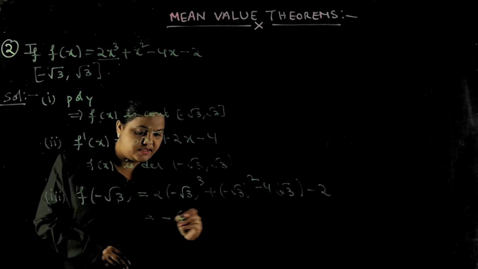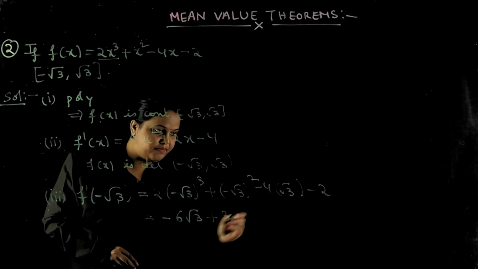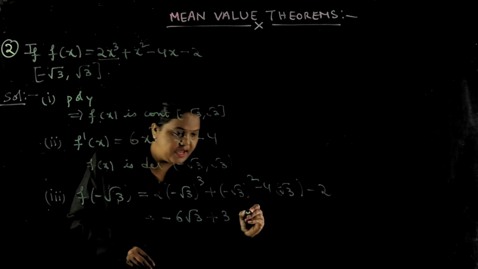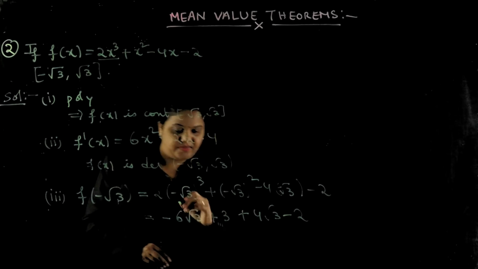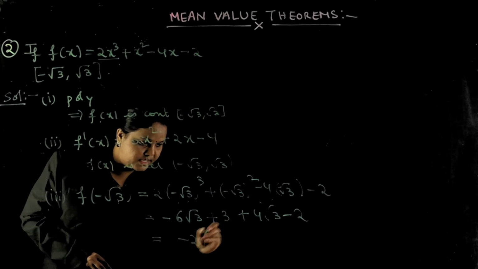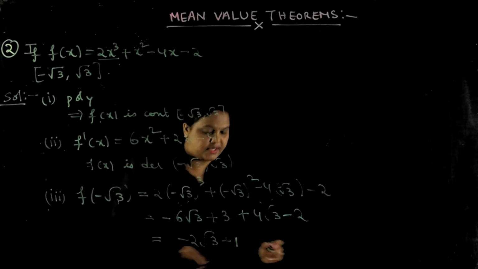Minus 6√3 plus 3 plus 4√3 minus 2. If I calculate these, you will be getting this as minus 2√3 plus 1. Right?